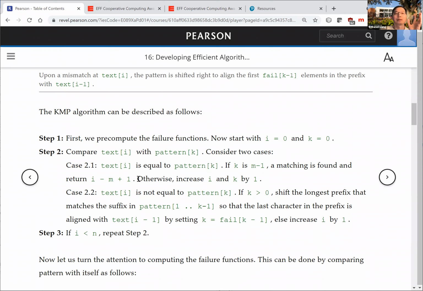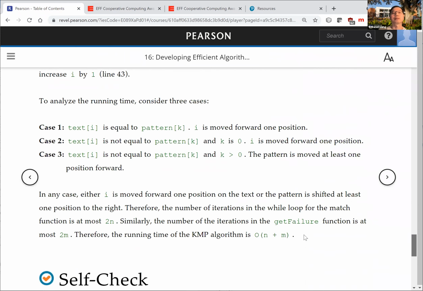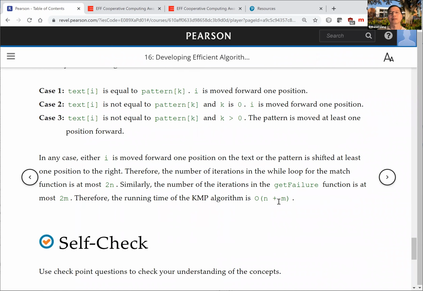You look at all the cases: move forward and pattern shift. So everything you do is move or shift. You never go back. All forward, so it's all linear time. It is order of n plus m time.